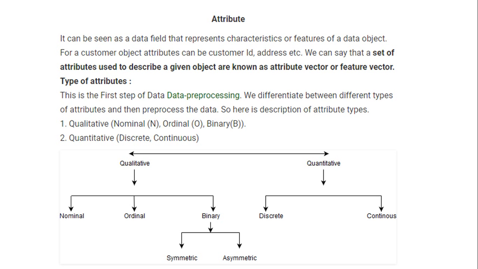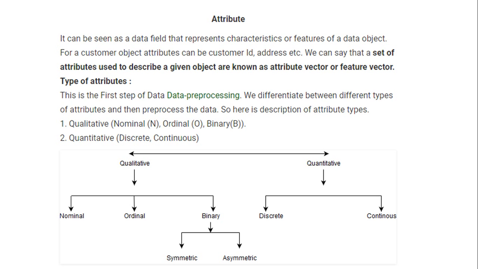Okay, let me give an example so that you can understand. Suppose that drink size corresponds to the sizes of drinks available at a fast food restaurant. This ordinal attribute has three possible values, which are small, medium, and large.